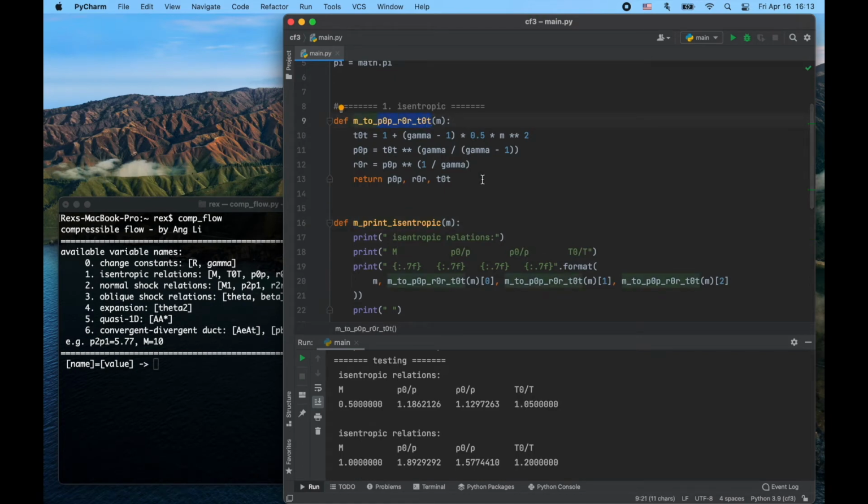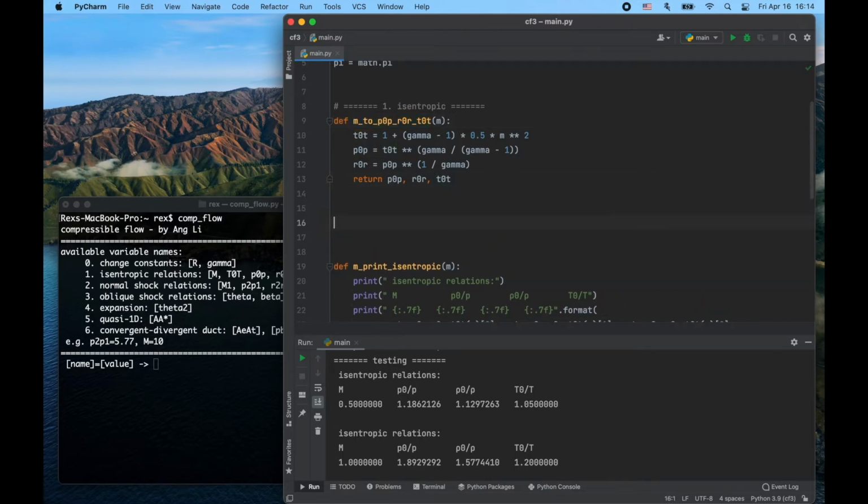However, what if we have the ratios and we want to have the other 2 ratios or the Mach number? So we will define other functions like that. This one can be explicitly written down.